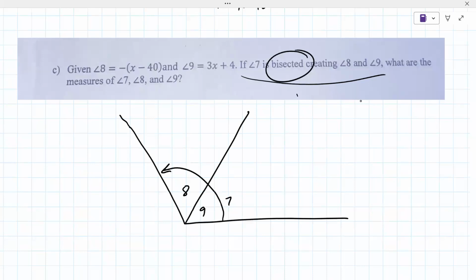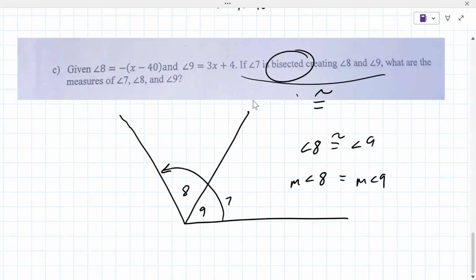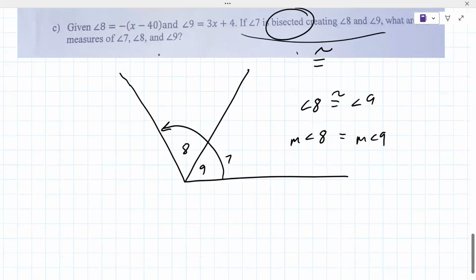We know that the bisected angles are congruent. So angle 8 is congruent to angle 9, which means that the measure of angle 8 equals the measure of angle 9, which means you're going to set the two equations equal to each other here.